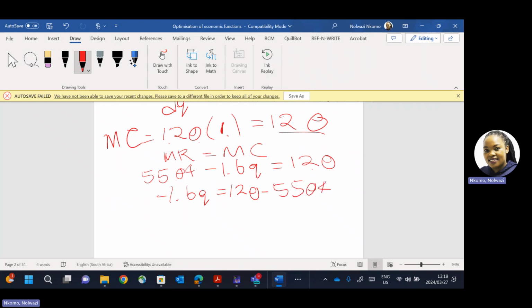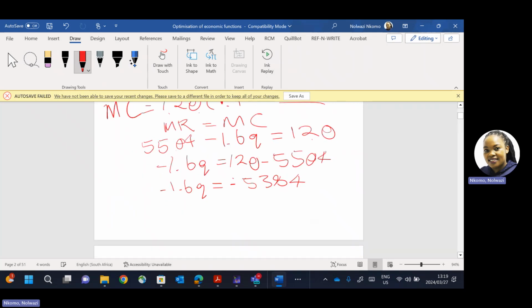And this gives me minus 1.6 Q equals minus 5384, right? But I'm not looking for minus 1.6 Q. I just want Q, right? So I can divide by minus 1.6 on both sides. And this will give you Q equals 3365, right? And this is your quantity when the profit is maximized.